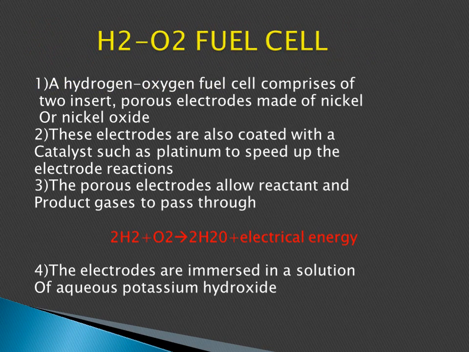H2O2 fuel cell. A hydrogen oxygen fuel cell comprises two inert porous electrodes made of nickel or nickel oxide. These electrodes are also coated with a catalyst such as platinum to speed up the electrode reactions.